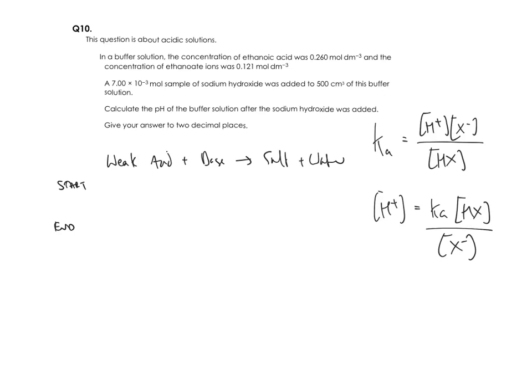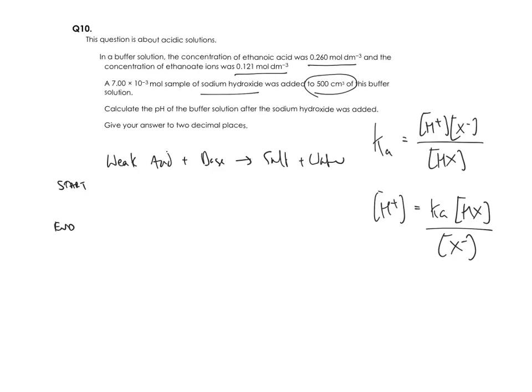So at the start, the amount of weak acid we have, it says the concentration of ethanoic acid was this, and the concentration of ethanoate ions was this. And it says an amount of sodium hydroxide was added to 500 centimetres cubed of this buffer solution. So we need to work out the moles in that 500 centimetres cubed first. That's half a decimetre cubed.